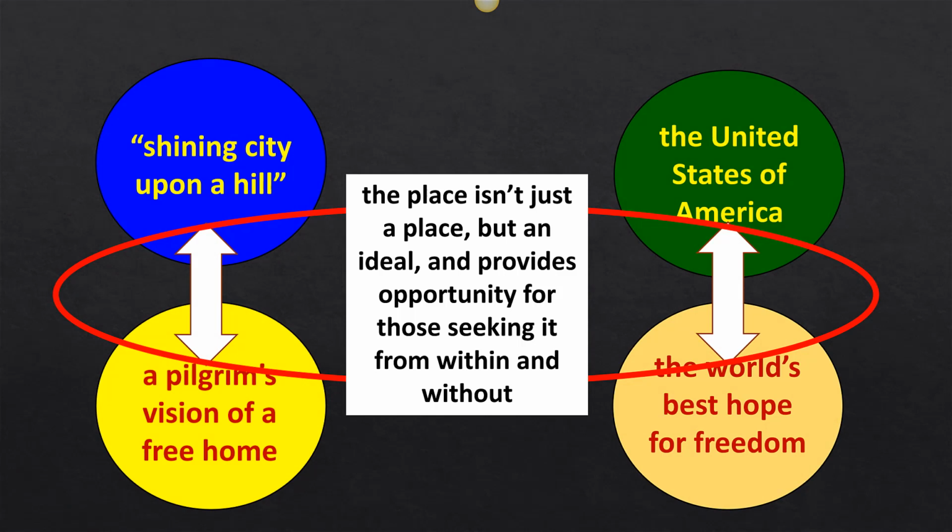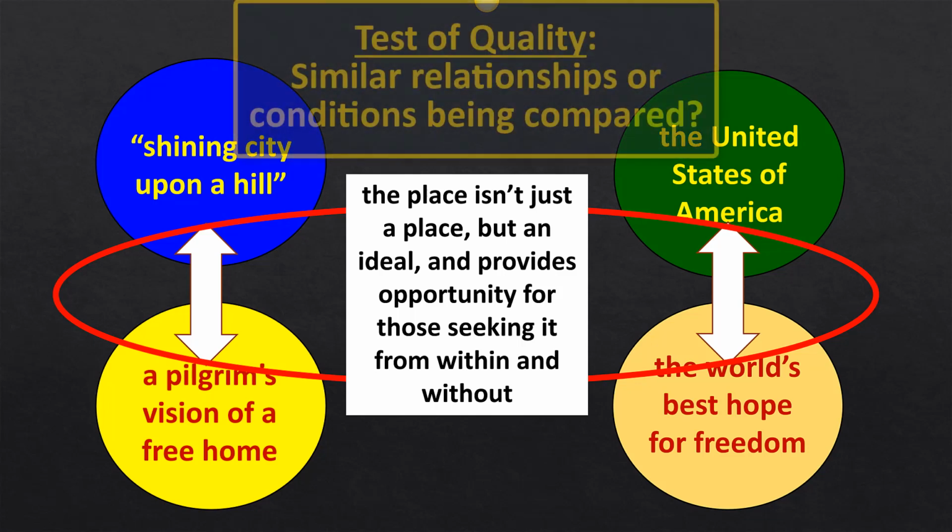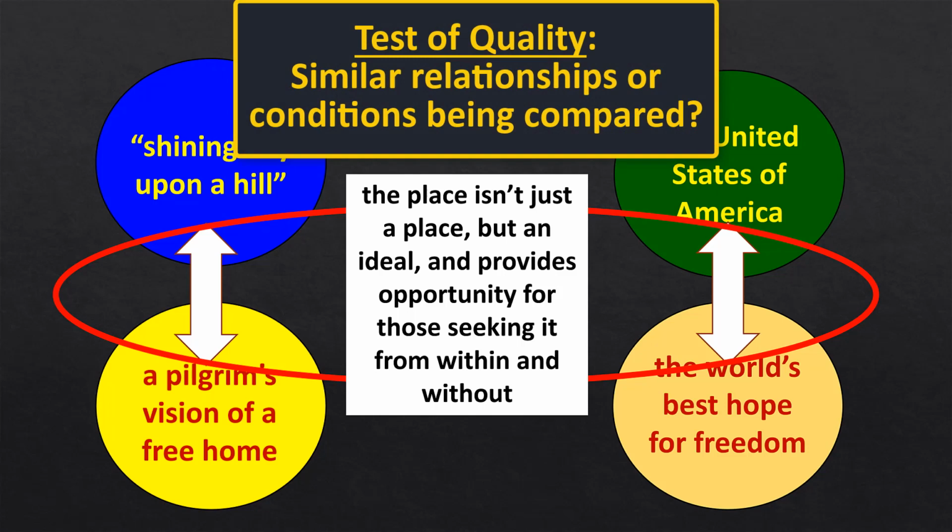And so we need to think to ourselves, how do we test the warrant? Test of quality. Do the conditions or relationships being compared share similarities that illustrate a point persuasively? Well, what we have in this instance is a relationship that seems like it works in both instances. We have a place, but we have a place that's often seen by others as an ideal.